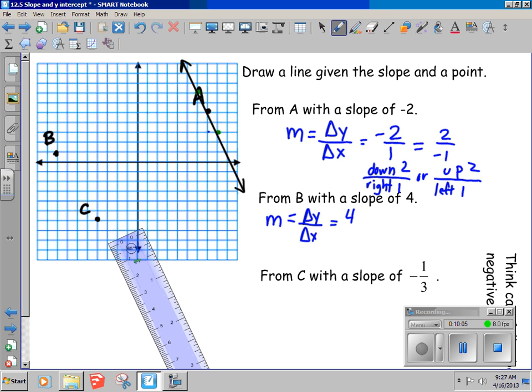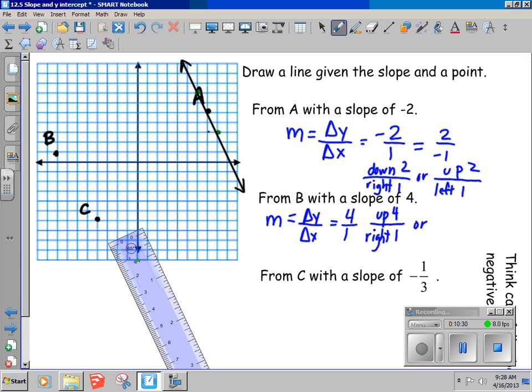Well, I need it as a fraction. Naja? 4 over 1. So I got a positive 4 over positive 1. What are the two ways we could interpret the 4 and the 1? Mason? Up 4 and right 1.